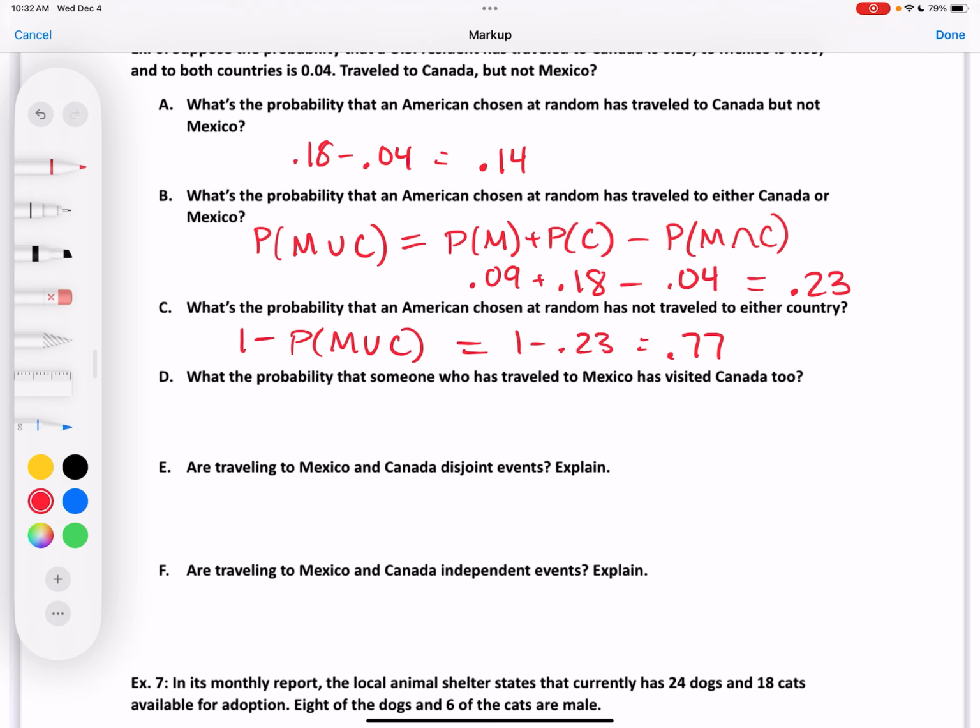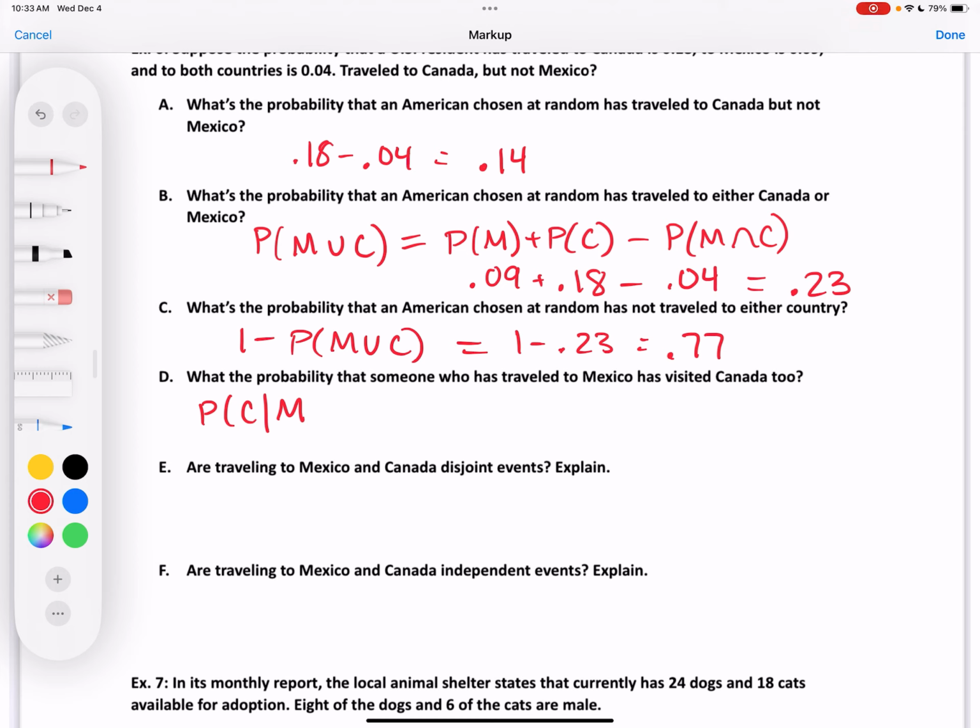Yes, the probability of C given M. Or wait, probability that someone who has traveled to Mexico has visited Canada too. Wait, what? Wouldn't that just be the both one? Well, this is the probability that someone who has traveled to Mexico has visited Canada too.